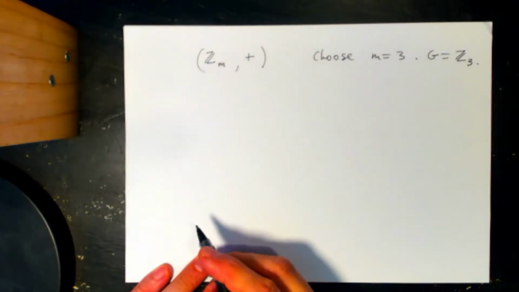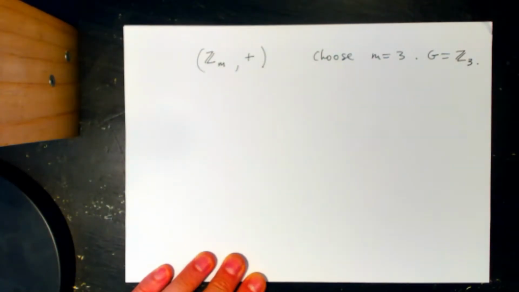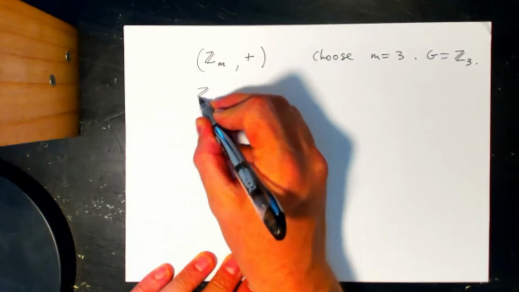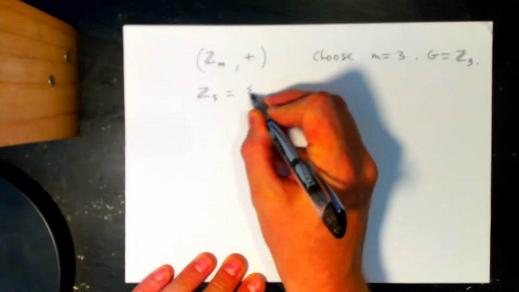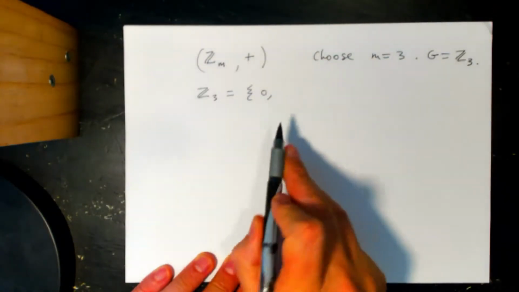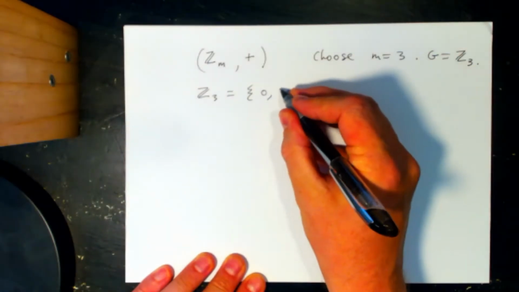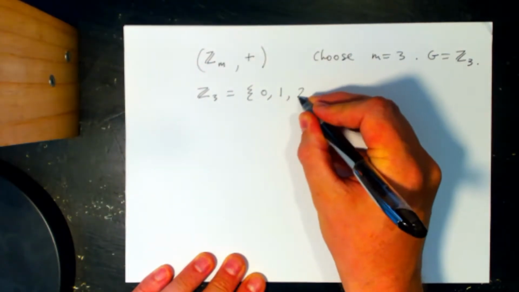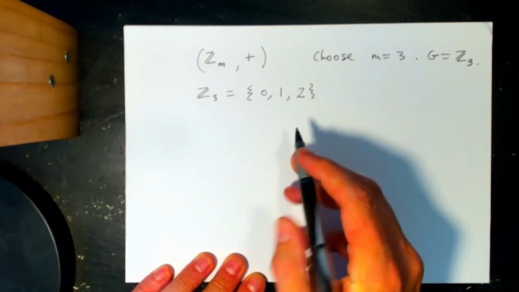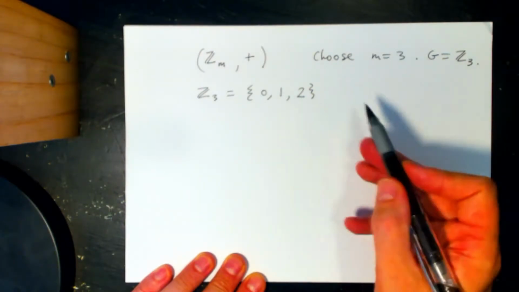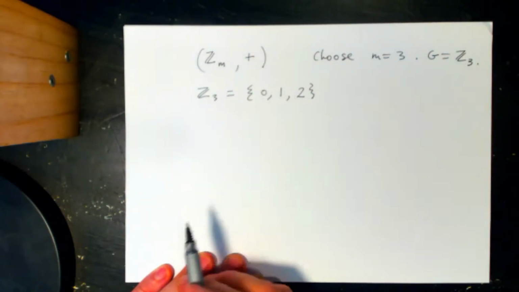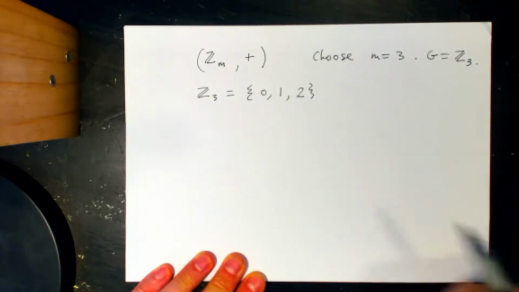Now, I'll just list the set of representatives of these remainders modulo 3. So I'll just say this is equal to the set containing 0, and this is what we propose to be our neutral element E, 1 and 2.